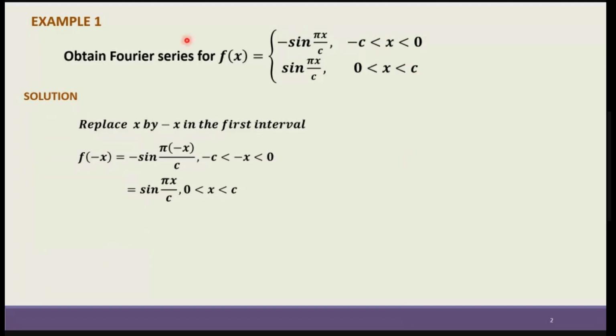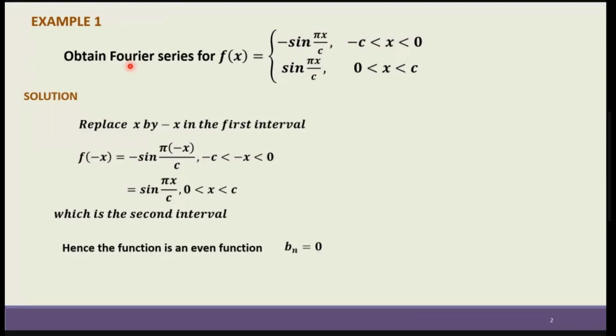Normally the length of the interval for a Fourier series is 2l. So here we have 2c, so I can write the length of the interval 2l equal to 2c. Therefore, L is equal to c. In a Fourier series the length of the interval is either 2 pi or 2l. If it is 2 pi, nothing has to be done.